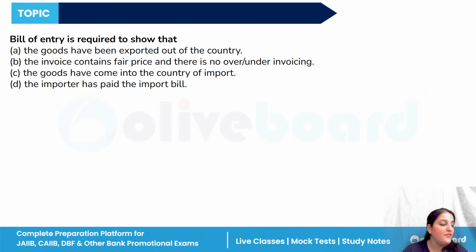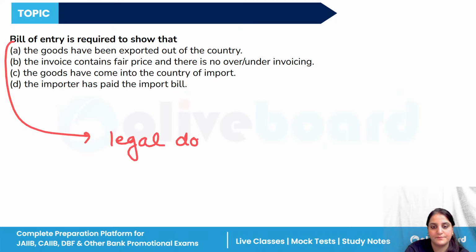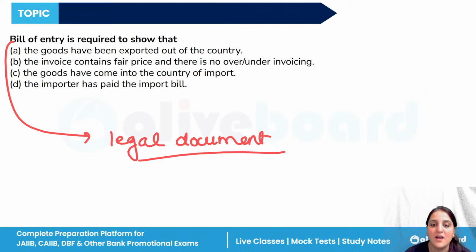Now, bill of entry is required to show that... bill of entry basically is a legal document which is filed by the importers or their agents when goods are brought into a country.